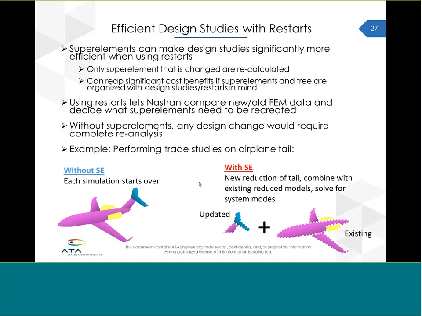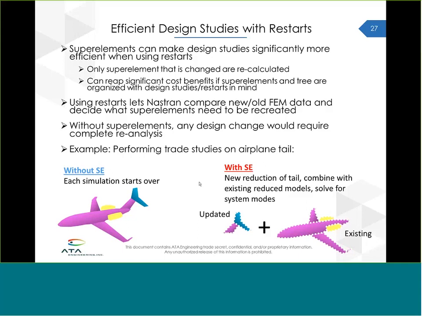Without using superelements, every time you change that, you'd have to start from scratch. Even though you've only changed what are probably 5 or 6 terms in your stiffness matrix, you have to start from scratch with everything. So with using restarts and superelements, you can get very significant computational benefits and really just speed.